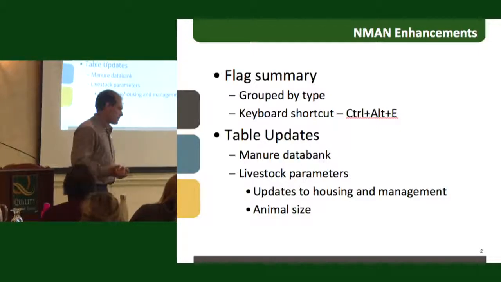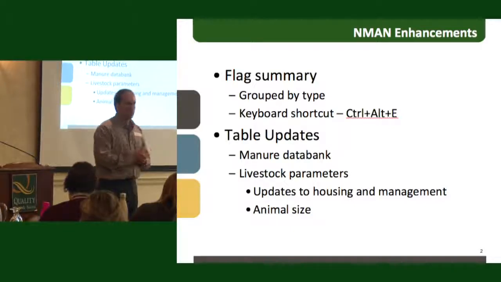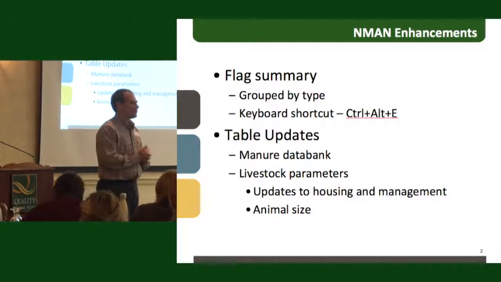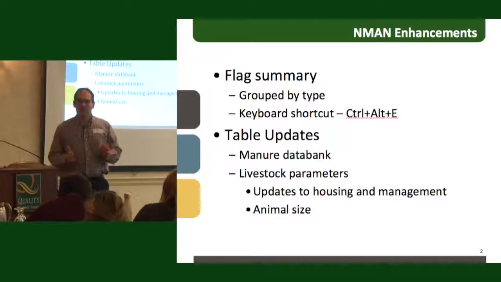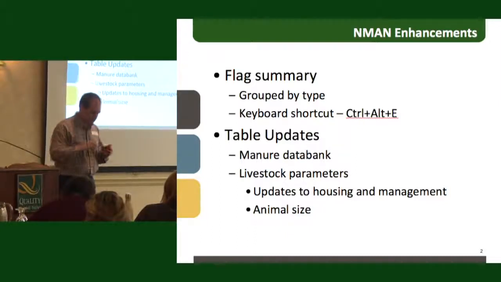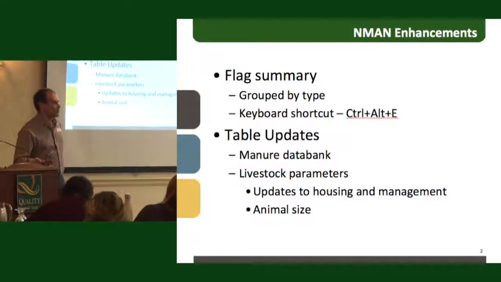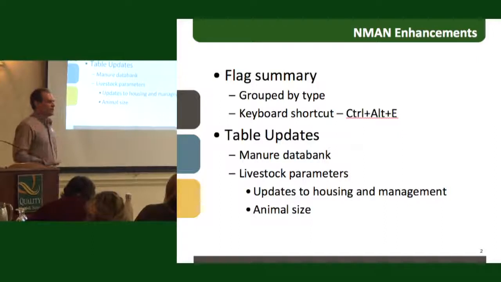We've updated those numbers. For some things, like liquid swine manure, there are thousands of samples in there, so the average is getting pretty tight. For some of the more specialty livestock, there's not a great deal of data, so there are only 3 or 4 samples of some things, but it's a data bank. It's as accurate as it can be. We get as much information as we can. We summarize it the way that we can.